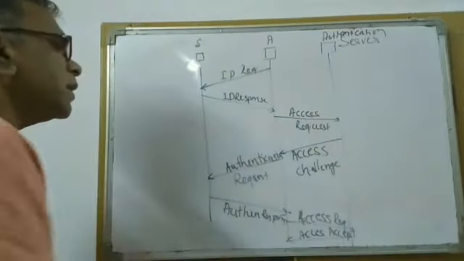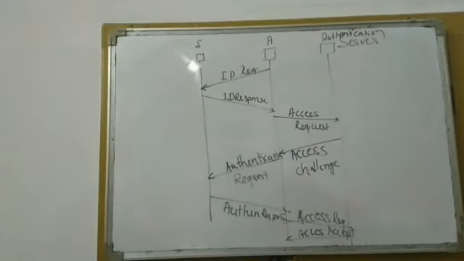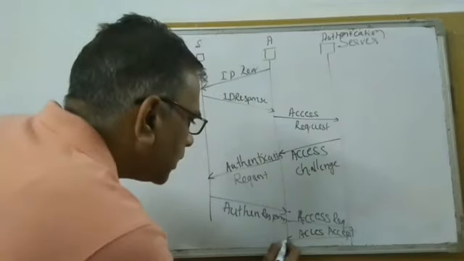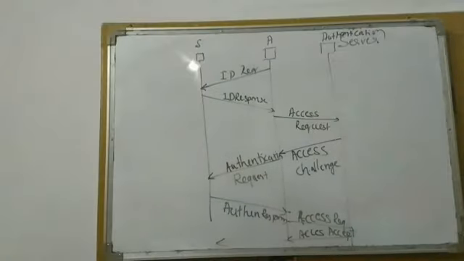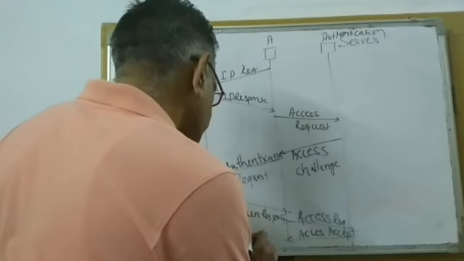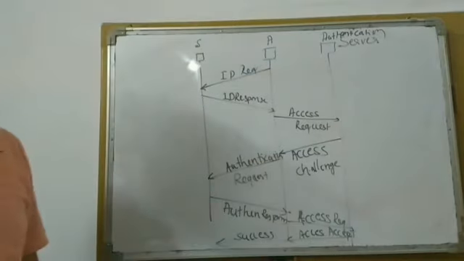So it grants the access to the AP. This is then forwarded back to the station saying success. Once it gets successful, the whole authentication process gets over.